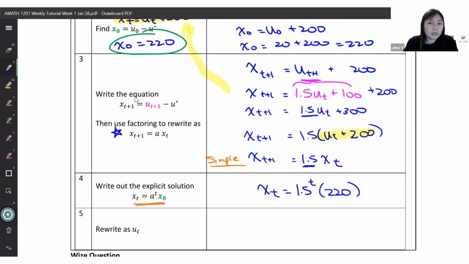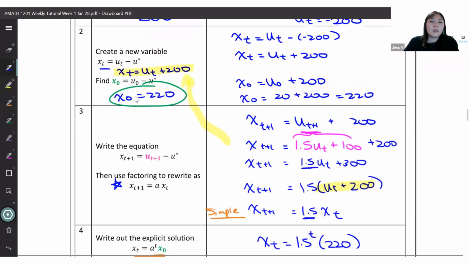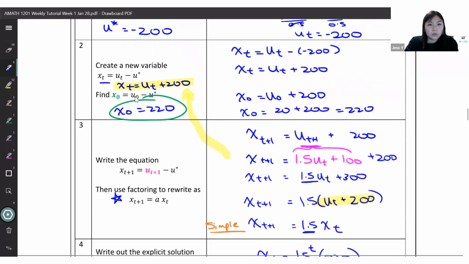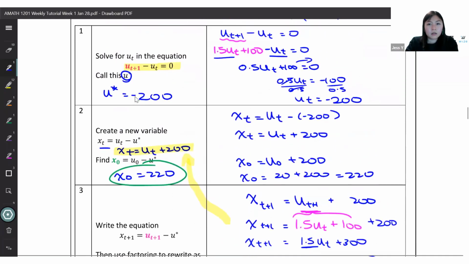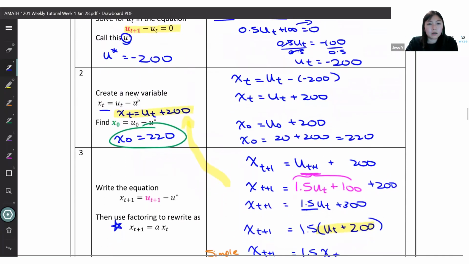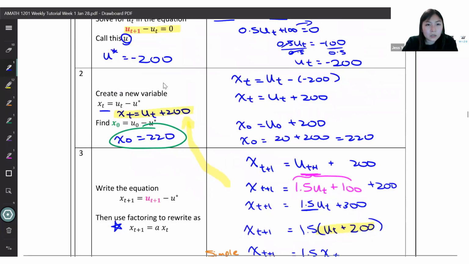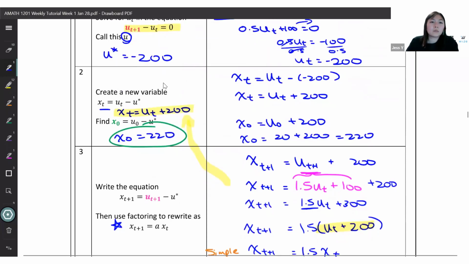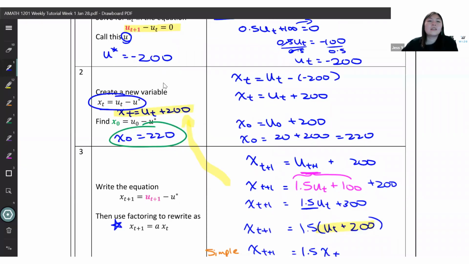Now the last part is the question started off with u sub t, right? The question was to find the explicit solution for u sub t. We can't give them x sub t. So we're going to go back. Where was my, sorry, one second. I'm even losing track of some of these steps. There it is. Sorry about that. We knew that x sub t was u sub t plus 200, right?